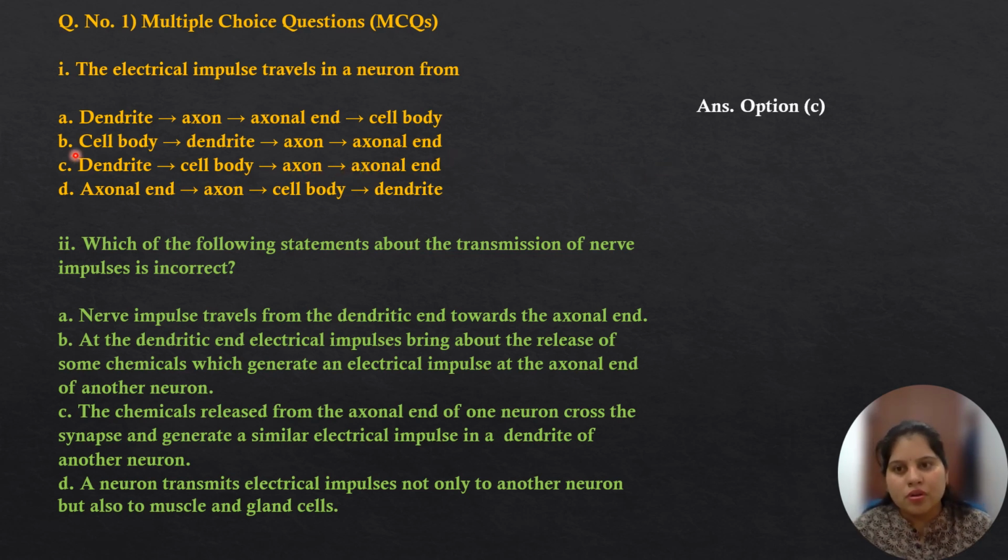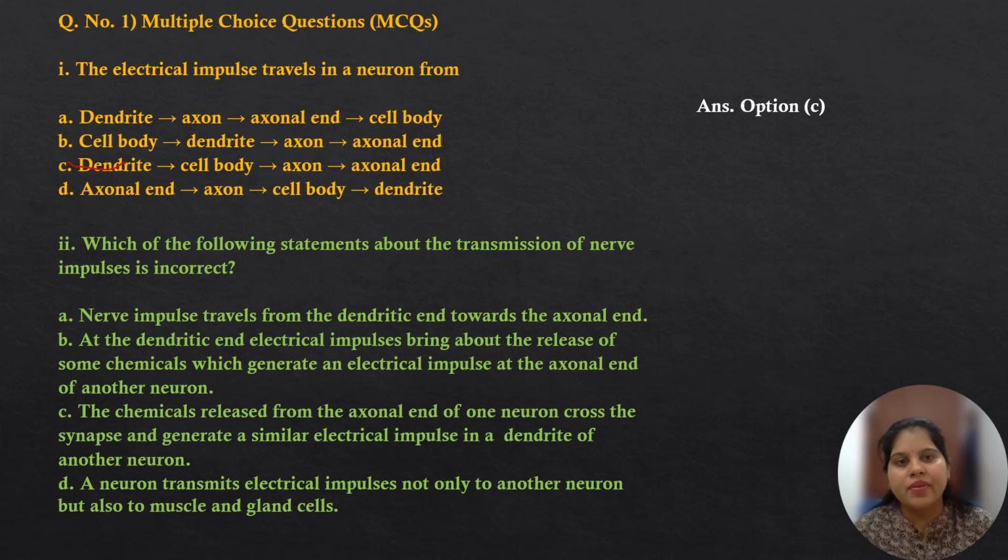So option C will be the correct answer. So in neuron, information travels in the form of electrical impulses from dendrite to cell body to axon and then to the axonal end.